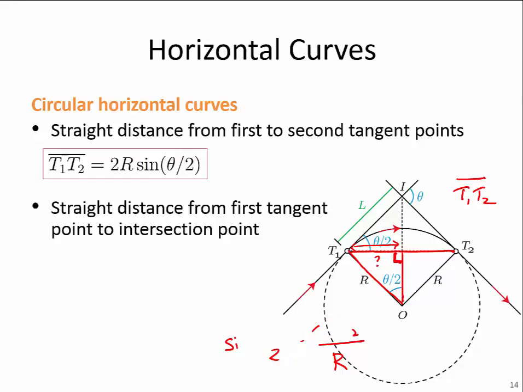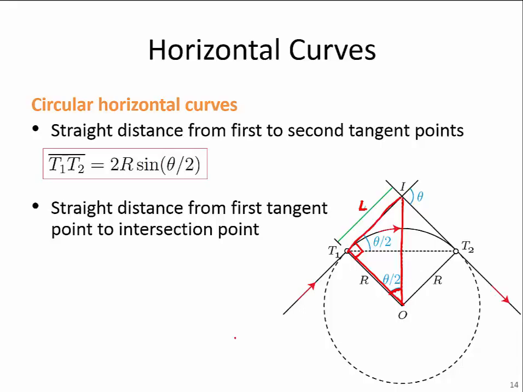Okay, second one. Want to work out the straight distance from the first tangent point to the intersection point. This is what the L is here, so we're trying to work out what this L distance is. Okay, similar thing. Let's look at this triangle. Now we know that here we have a right angle. We've also got this internal angle here.